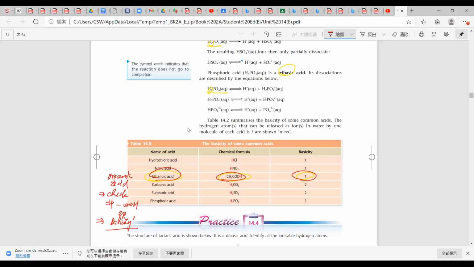Can you get the point? The other case is the mineral acid, just check the number of hydrogen atoms per molecule, and you would know the basicity. Do you understand? So we have got the two cases. Questions?